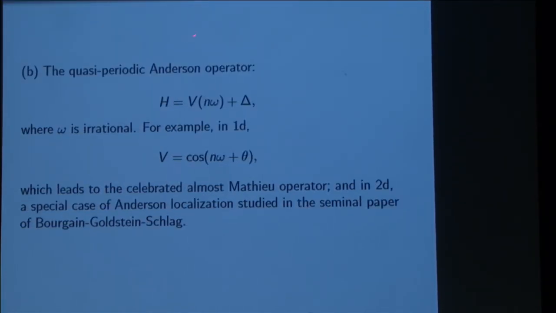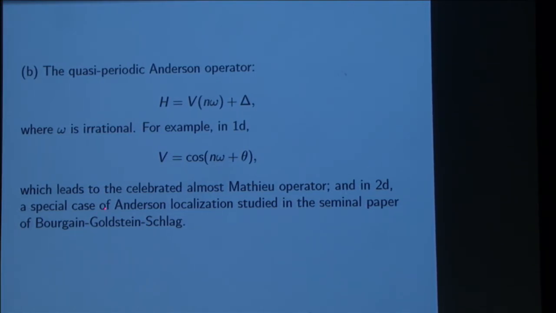And then you have a quasi-periodic model where, instead of a family of random variables, you put in a quasi-periodic function, where omega is irrational. For example, in one dimension you take cosine of n omega plus theta, which leads to the celebrated almost Mathieu operator. It's a very famous operator.